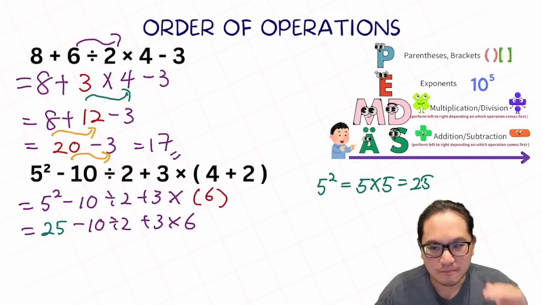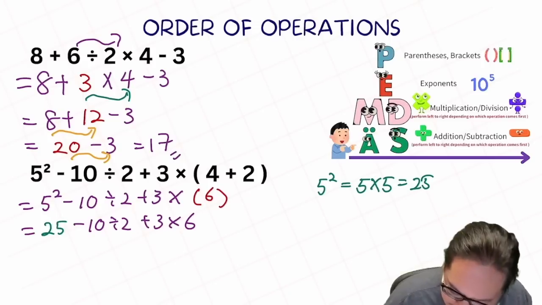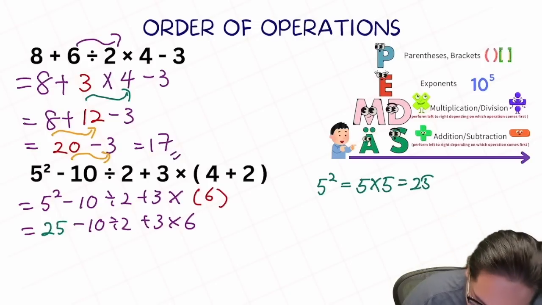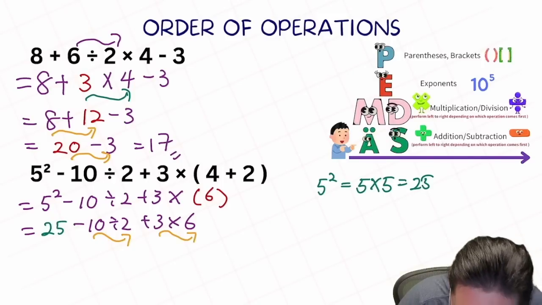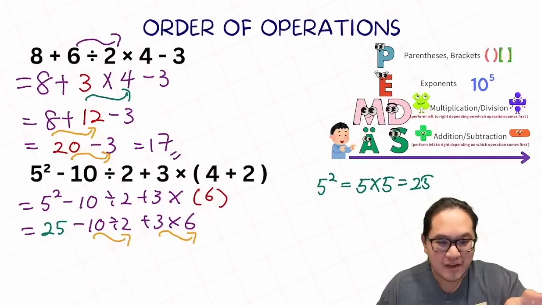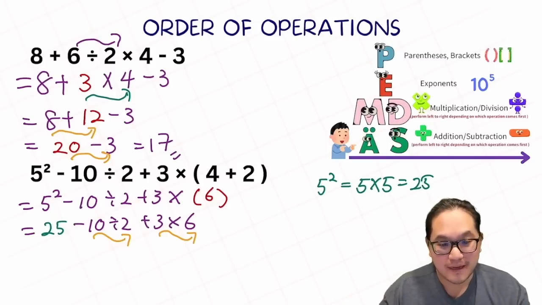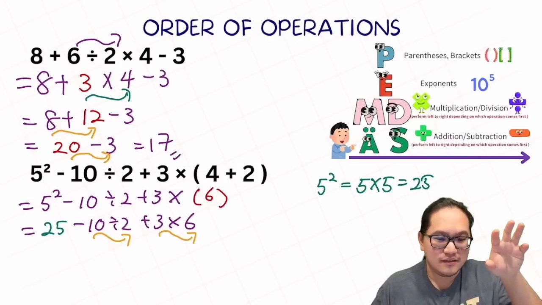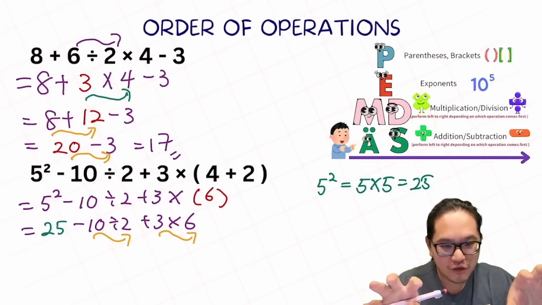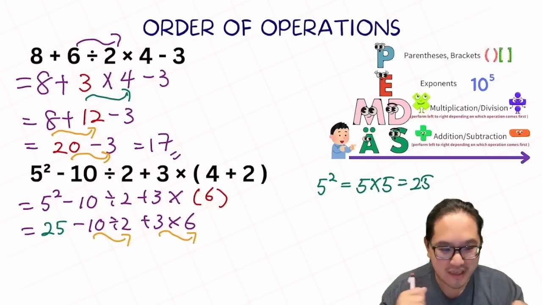Next step is multiplication and division. So let's see. We've got two different sets right here, right? We've got 10 divided by 2 and then a plus and 3 times 6. Since 10 divided by 2 and 3 multiplied by 6 are separated by addition, we know that these are two steps that we need to do, but we can do them simultaneously to save us some steps.